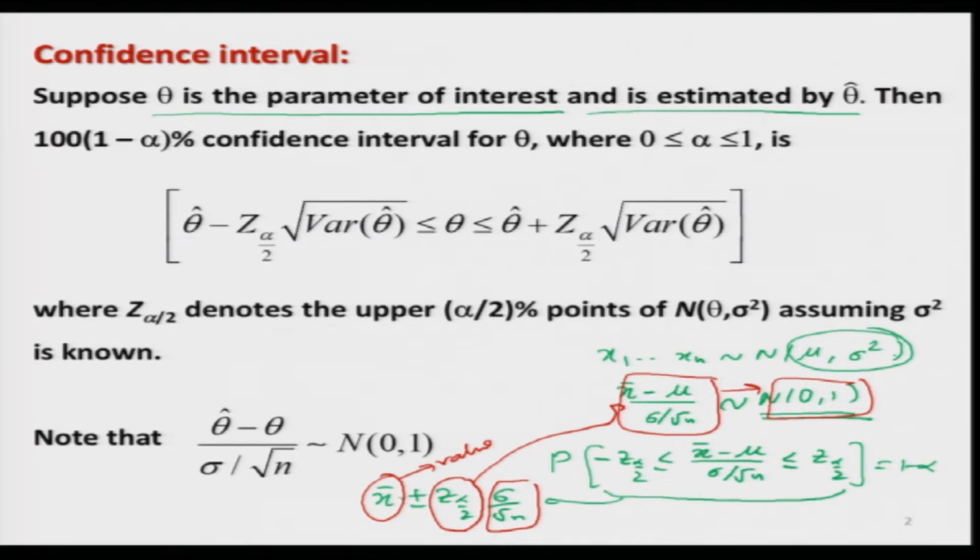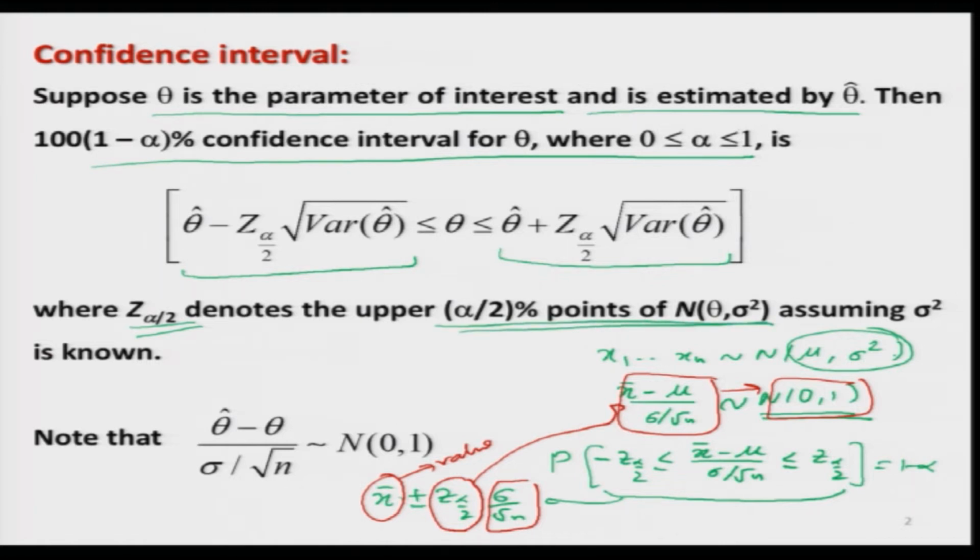Then in this case, the 100(1 minus alpha)% confidence interval for theta, for alpha lying between 0 and 1, is given by theta hat minus z alpha by 2 square root of variance of theta hat, that is the standard deviation of theta hat or standard error of theta hat, and the upper limit of the confidence interval is theta hat plus z alpha by 2 square root of variance of theta hat, right, where this z alpha by 2 denotes the upper alpha by 2 % points of the normal distribution, and we are assuming here sigma square is known.